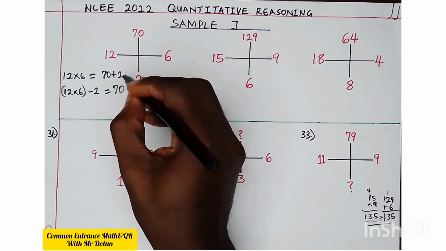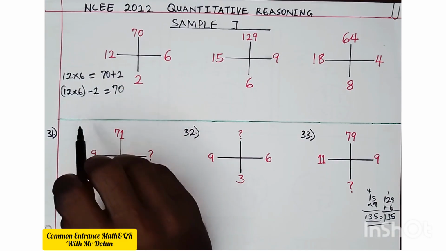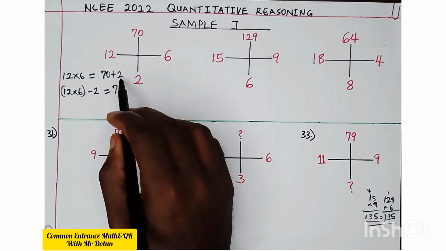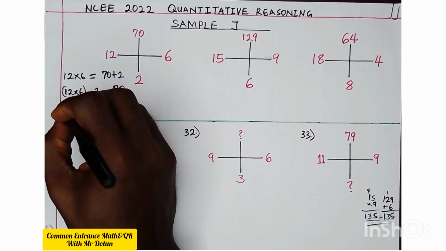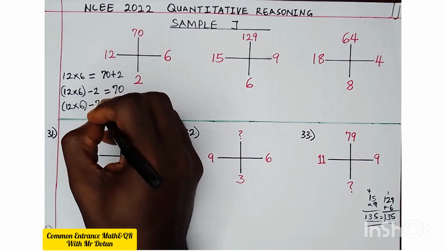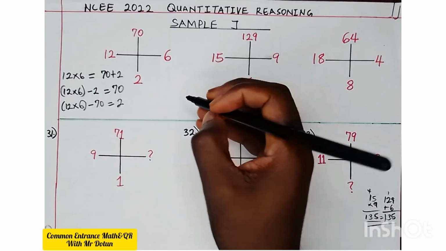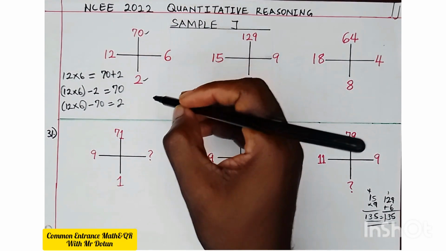Because 2 was added here, if I want only 70, I'll subtract 2, and I have 70. The same thing, if I want only 2, I'll subtract 70, and I have only 2. So that would be 12 times 6 minus 70, and that will give me 2.